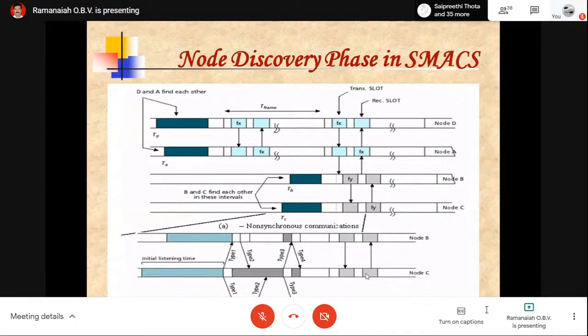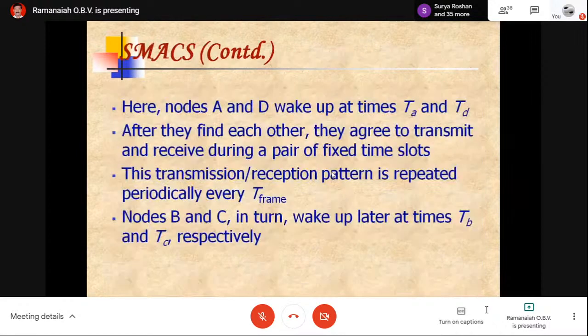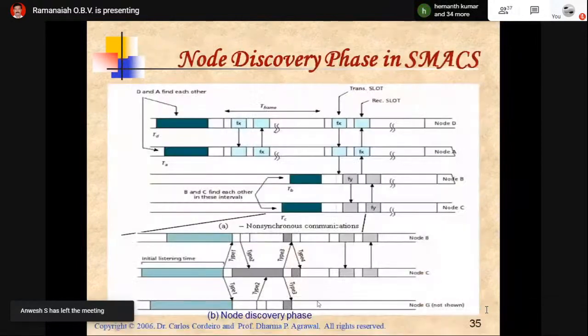Right? It is saying that I am node C and is there anyone around me? So now the neighbors B and G, G is not indicated in the diagram. I said it is E, but here they have taken this as E, G. Right? That's fine.